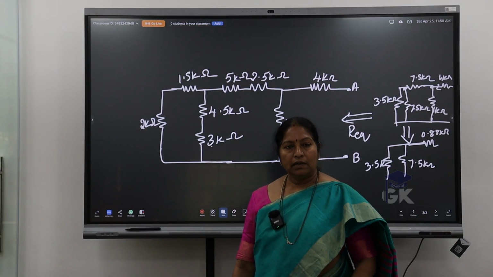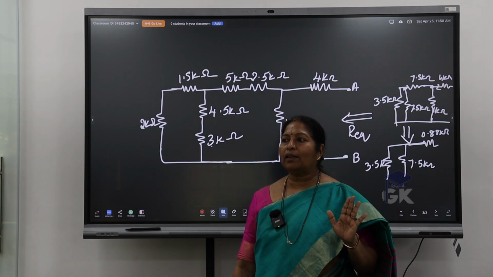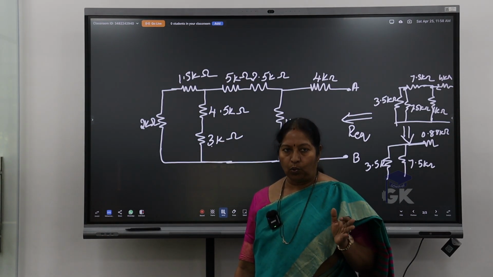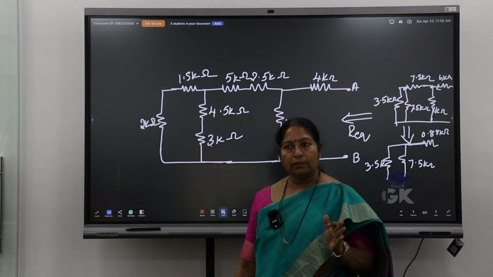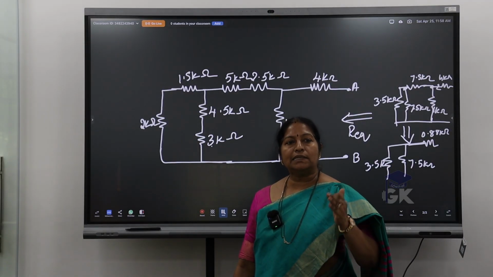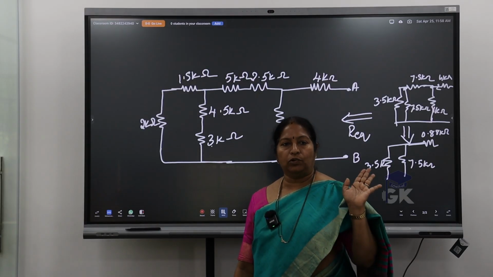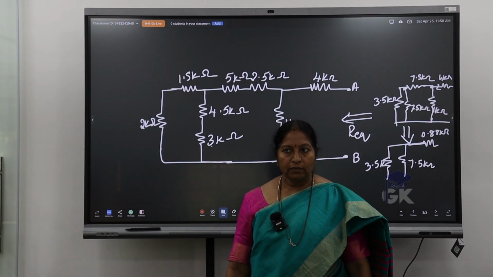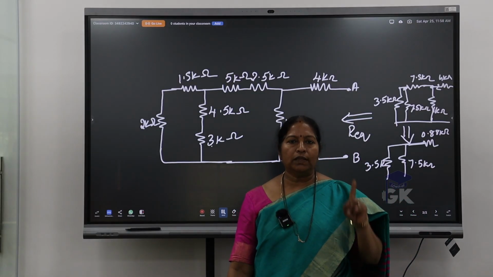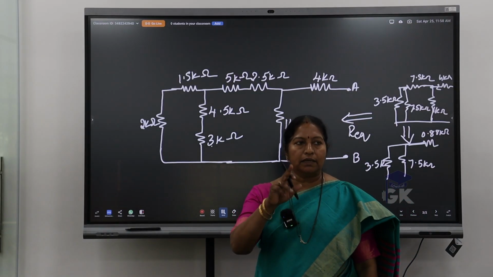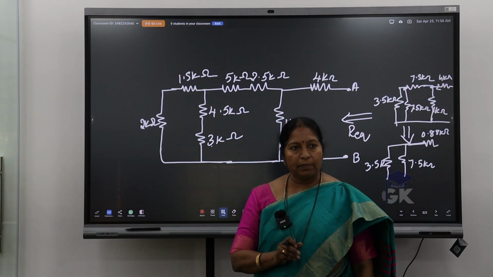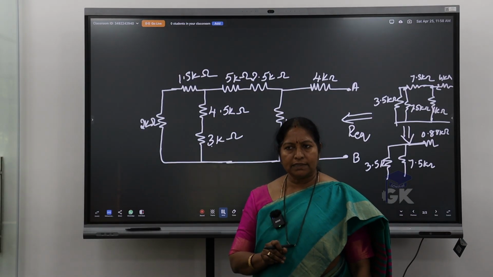So these are tips you can always observe. Whenever you connect very high and very low resistances, the equivalent resistance is always less than the low resistance. Where does the current flow?